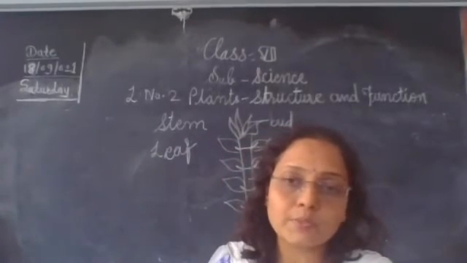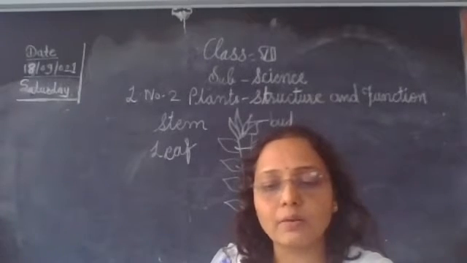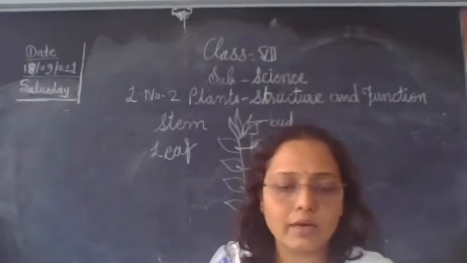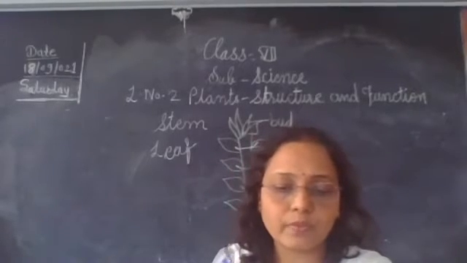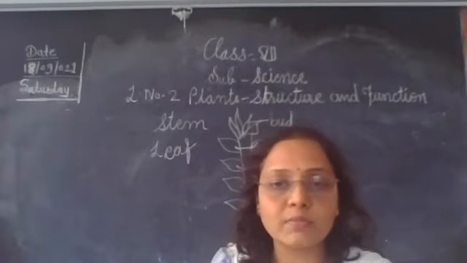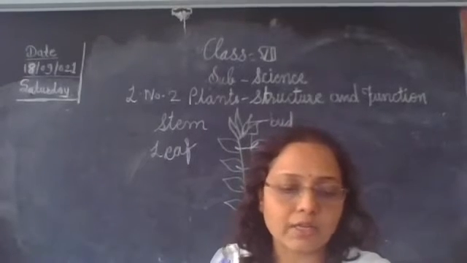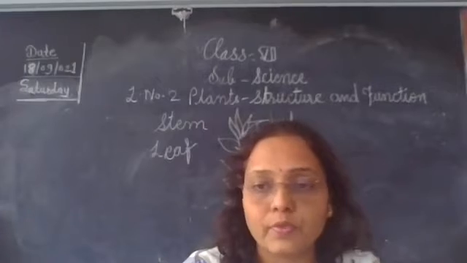It also transports the food prepared by the leaves to other parts of the plant. The stem spreads out leaves in all directions so that they receive the maximum amount of sunlight. This is the function of the stem.